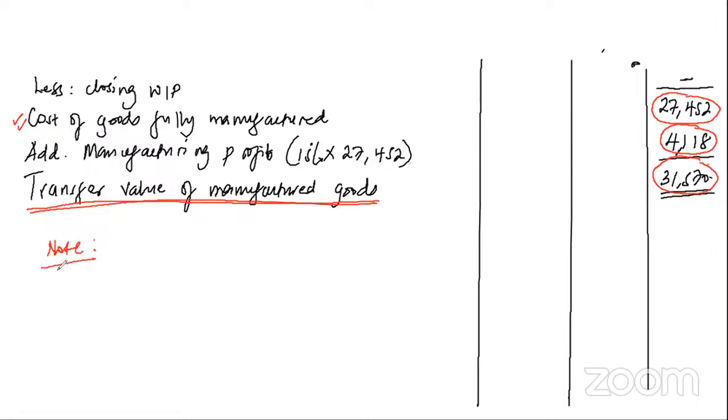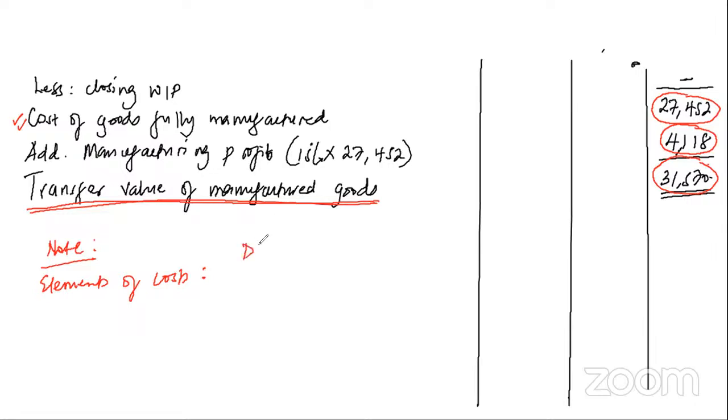One thing you need to note about this manufacturing account is that we have different elements of costs, which we have to look at when coming up with the cost of the goods manufactured.